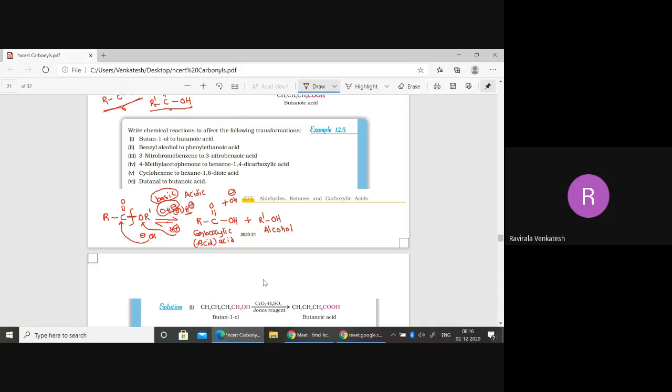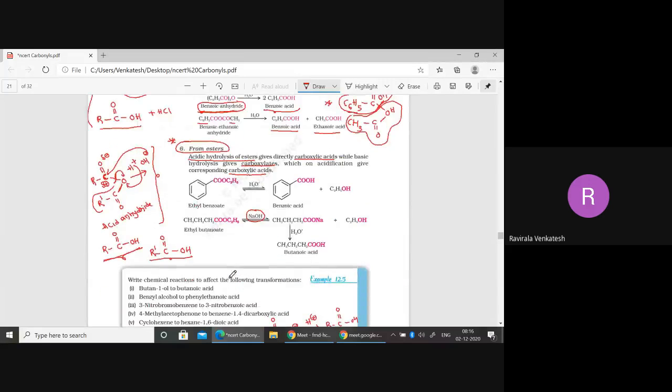This OH minus and H plus will react to form water. So this will convert into RC double bond O minus. Again, if you add H plus to this one, you get the same thing, RC double bond OH. So when you do the basic hydrolysis reaction, to get the carboxylic acid we need to add H plus at last.